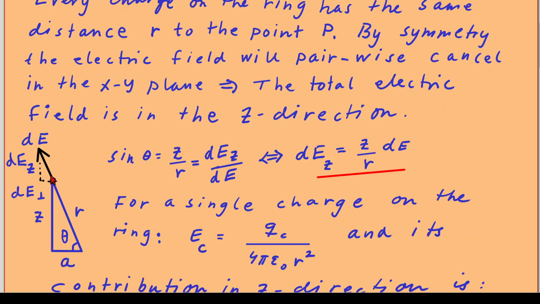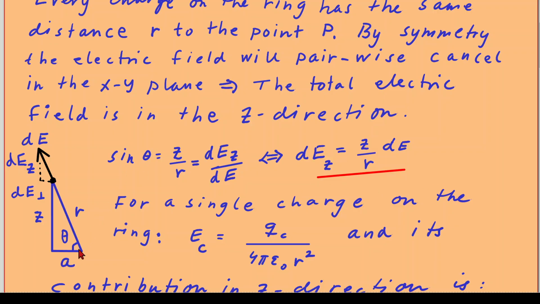You can see it is exactly the same angle theta for the electric field as for that triangle of distances. So sine theta, that will be this dEz divided by that, just like I said. So that's for a single charge on the ring.